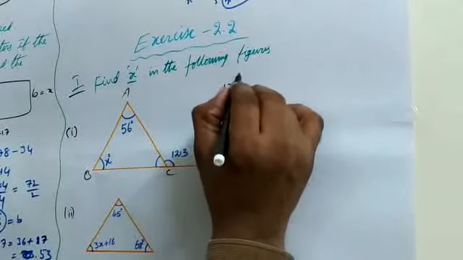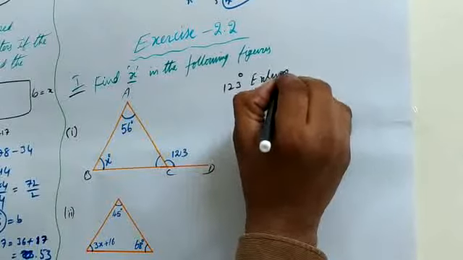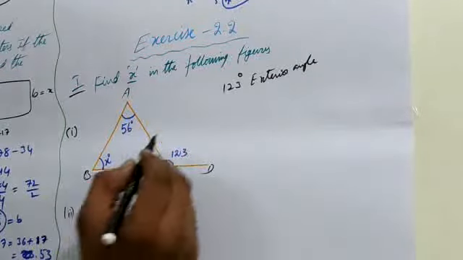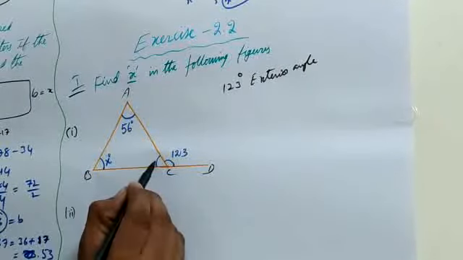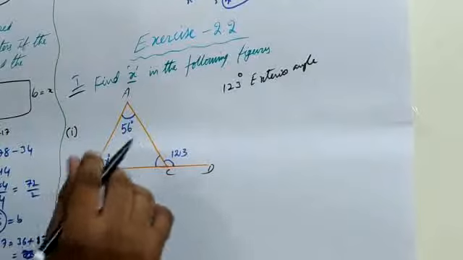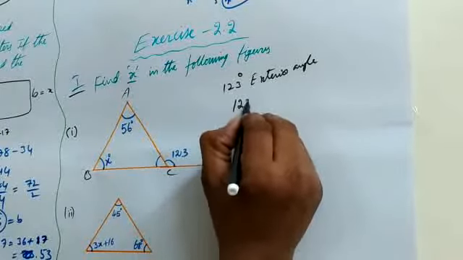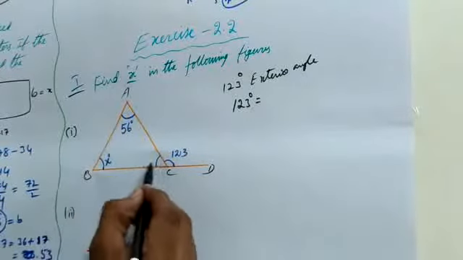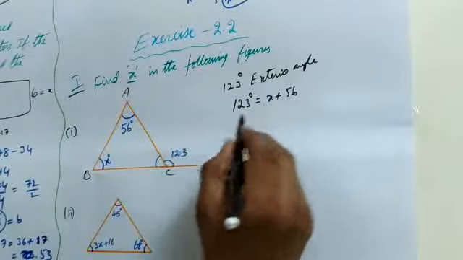The exterior angle is equal to the sum of the opposite interior angles. So 123 is equal to the sum of the two opposite angles, that means x plus 56.